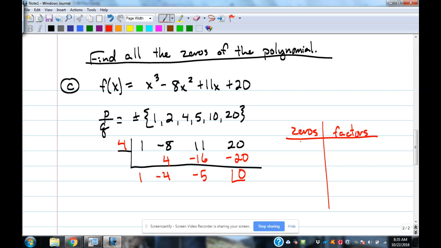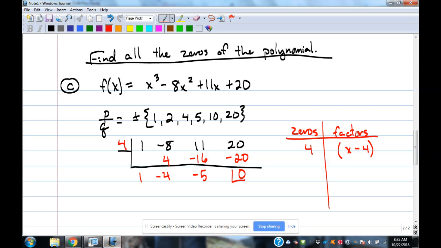We have a 0 of 4. What's the factor that goes with 4 as a 0? It's x -4. Remember, we kind of related those back the week before fall break. Okay, so the 0 of a 4 means a factor of x -4.